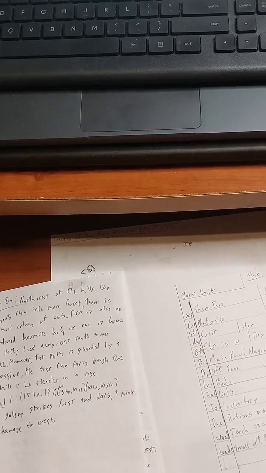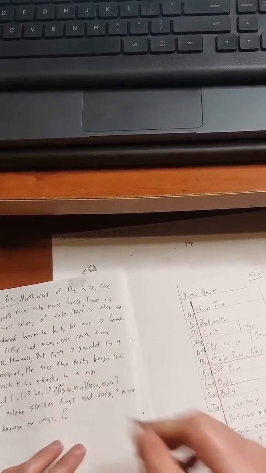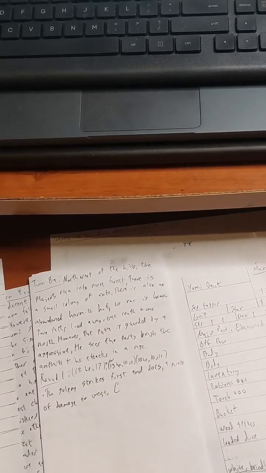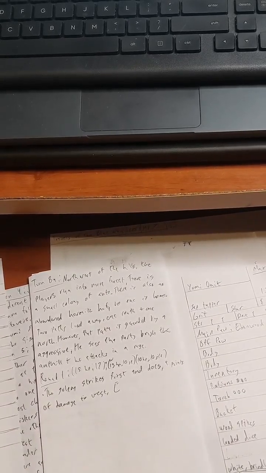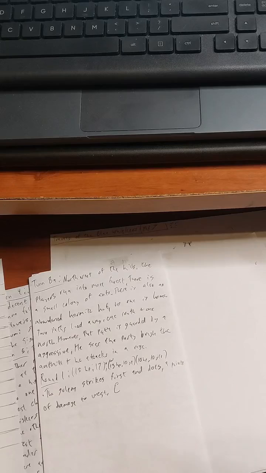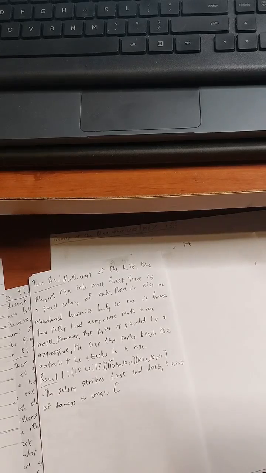And let's put that somewhere over here. Let's put Yumi over here. 10 HP and, did I not? No, I did. Okay, 9 strength.